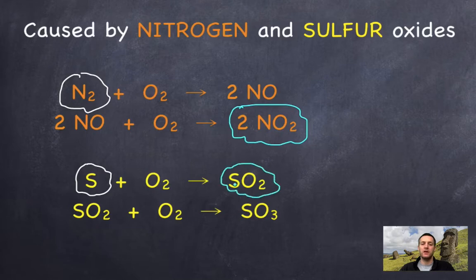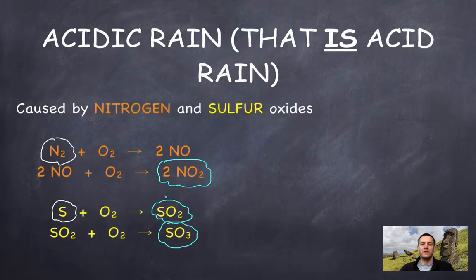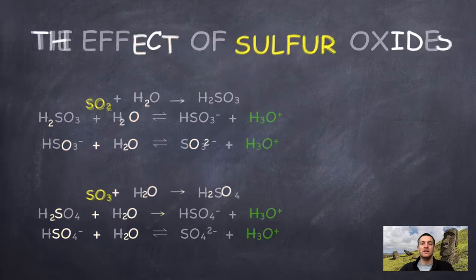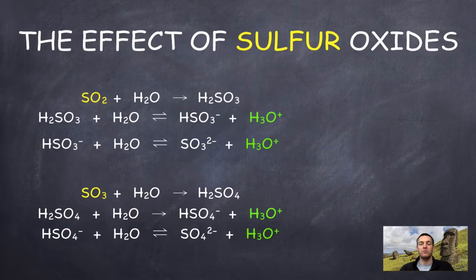We could form sulfur dioxide, or we could form sulfur trioxide, which would be formed if the sulfur dioxide that we'd formed here reacted with more oxygen in the atmosphere. Okay, so having had a look there at the three oxides that we're going to be most interested in, let's see how they're going to make rainwater acidic and produce acid rain. Now, acid rain, by the way, is just one form of acid deposition.